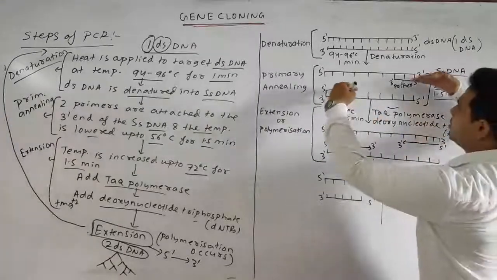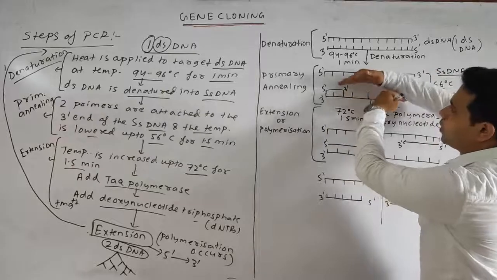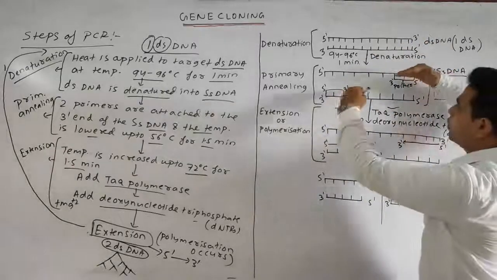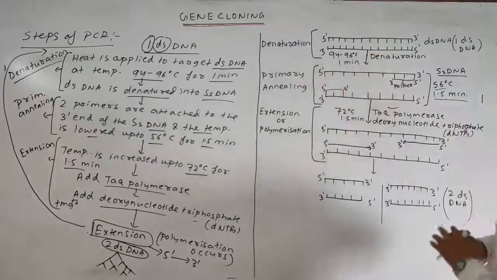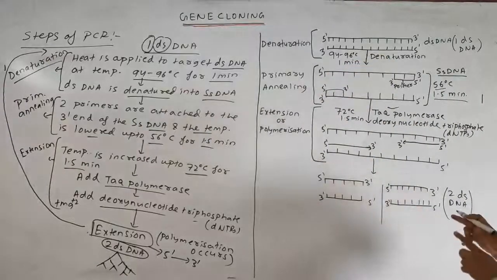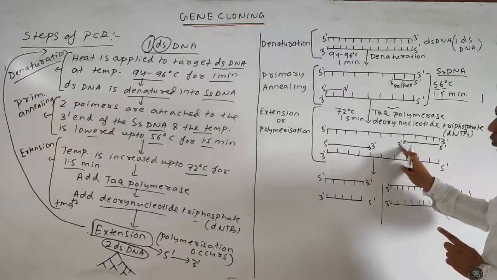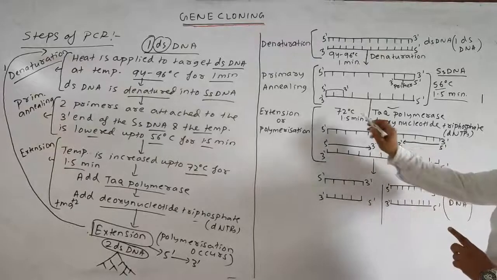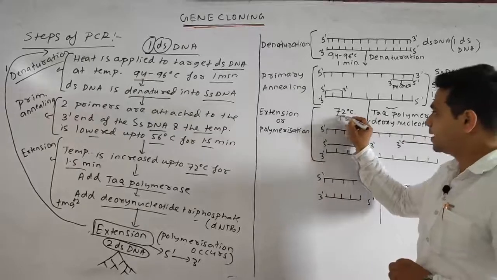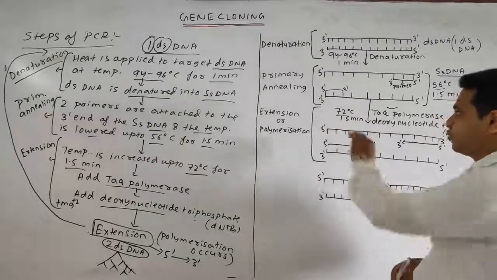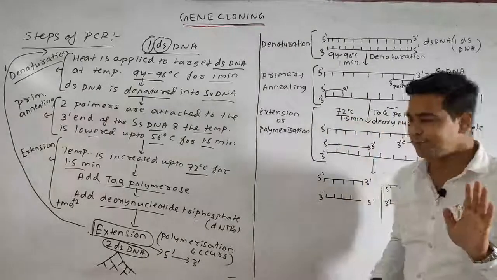Next is your extension or the polymerization. This primer will help to extend to make the double-stranded DNA. The extension will always take place from the 5' end to the 3' end. The temperature is increased up to 72 degrees centigrade for 1.5 minutes.